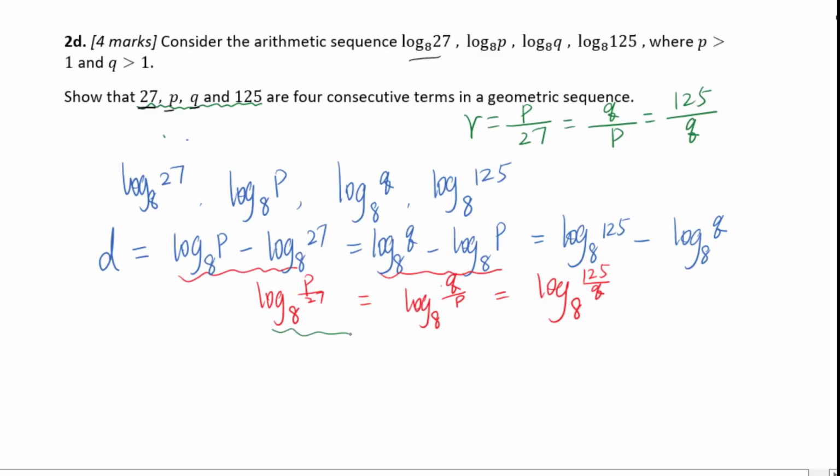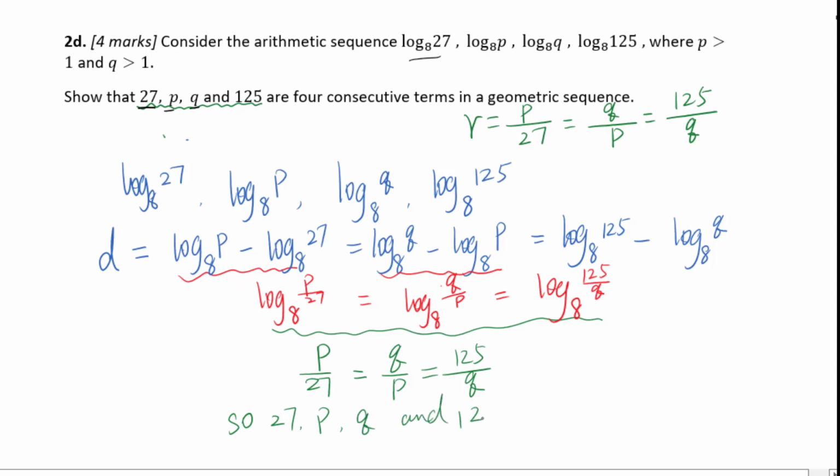From this equation, since the bases are the same, we have p over 27 equals q over p equals 125 over q. So 27, p, q, and 125 are four consecutive terms in a geometric sequence.